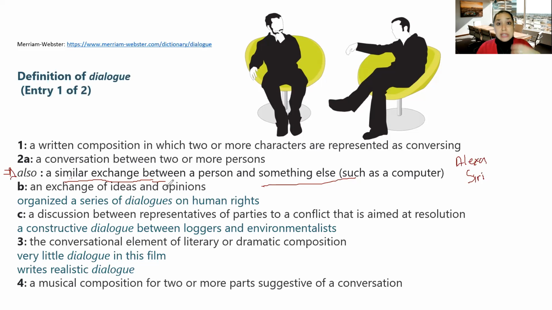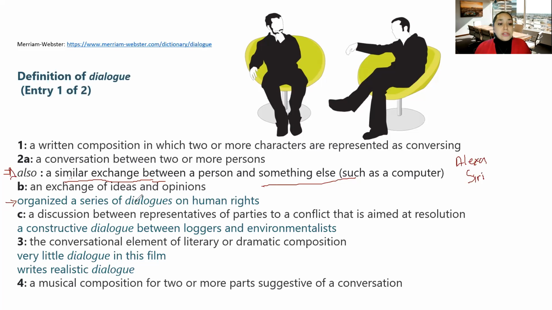So the dictionary is now considering that. It's also an exchange of ideas and opinions. And there's an example here: organized a series of dialogues of human rights. If we were to talk about human rights, we all have different ideas and we can have opinions, and we start a dialogue with that.